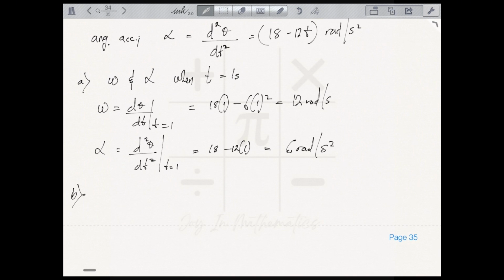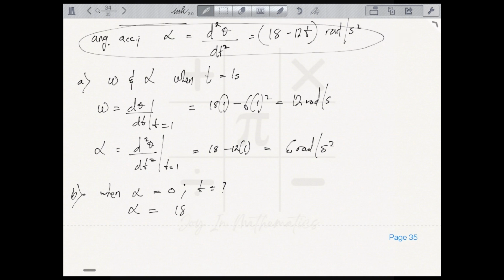Now the second question says determine the time when the angular acceleration is 0. When angular acceleration is equal to 0, t is equal to what? We know that the expression for angular acceleration, as seen here, is 18 minus 12t.